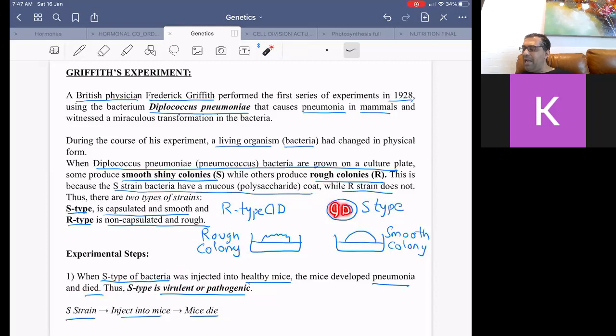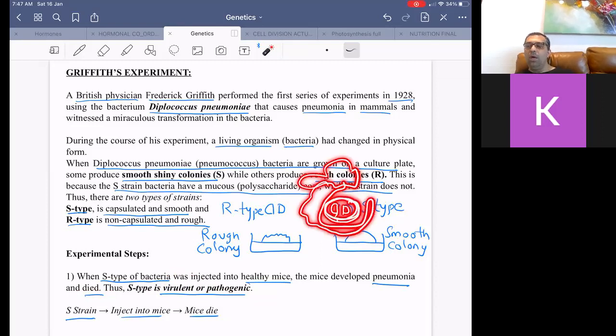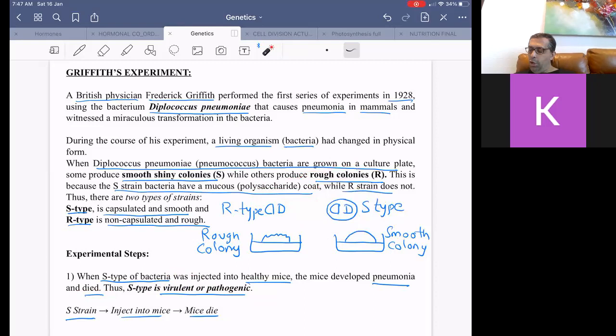Because the S type had the capsule and our WBCs tried to phagocytose it, but because of the capsule, the S type cannot get phagocytosed by WBCs, and it causes death and pneumonia in the lungs of the mice, and the mice will die. So when S type is injected into mice, the mice die.